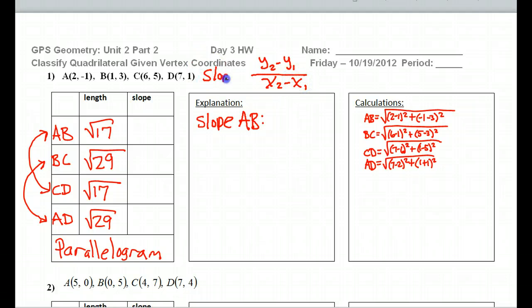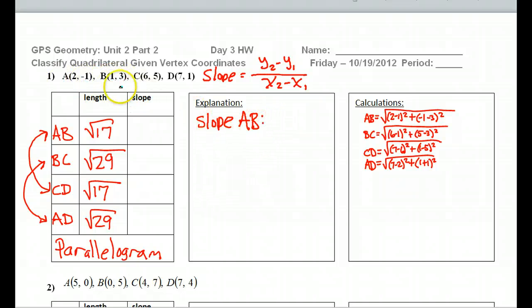Alright? Now, if you want to do 3 minus -1 or -1 minus 3, it doesn't really matter which one of these you consider to be point 1 or point 2, but you just have to do it the same way for the y's and the x's.